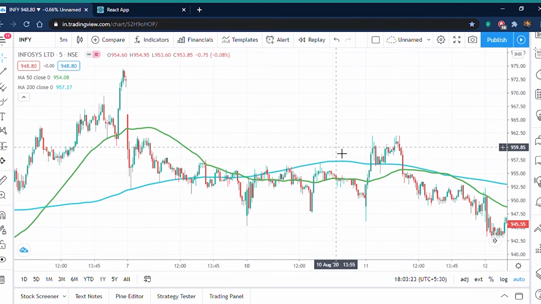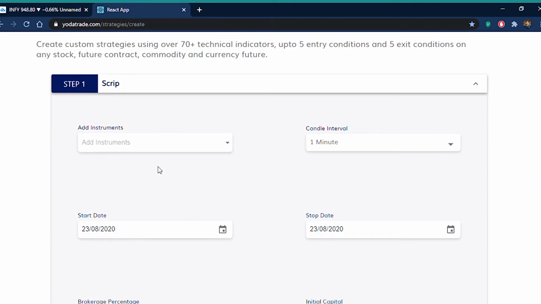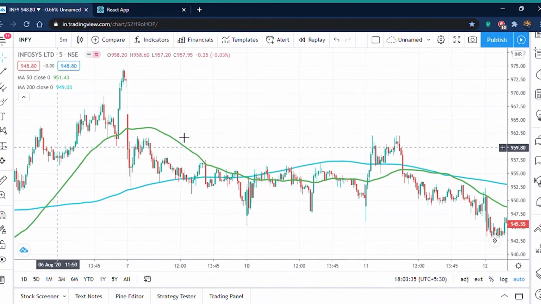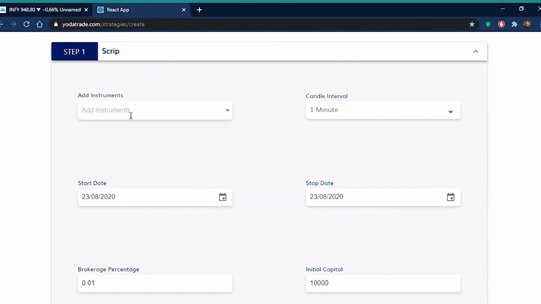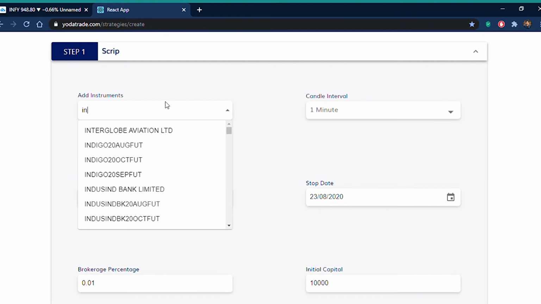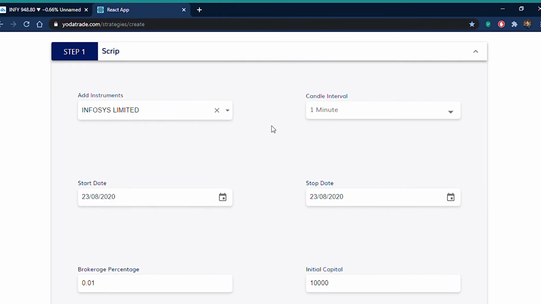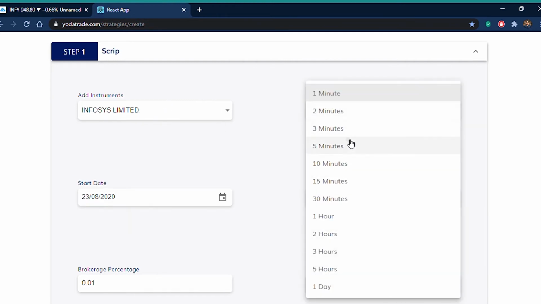So this is what the crossover strategy is, and let us try to backtest this kind of strategy on the YodaTrade website. So let's add a script, which is Infosys. Let's keep a 5-minute interval.